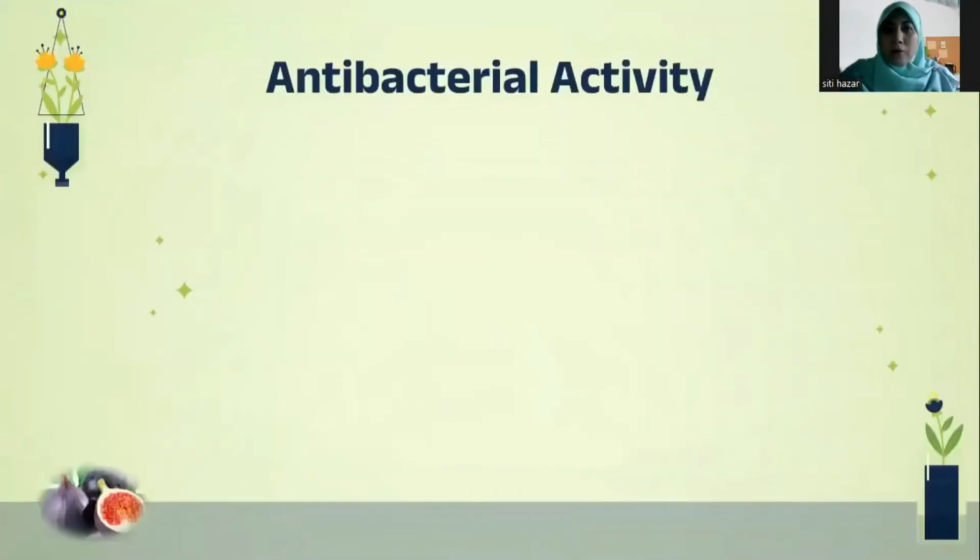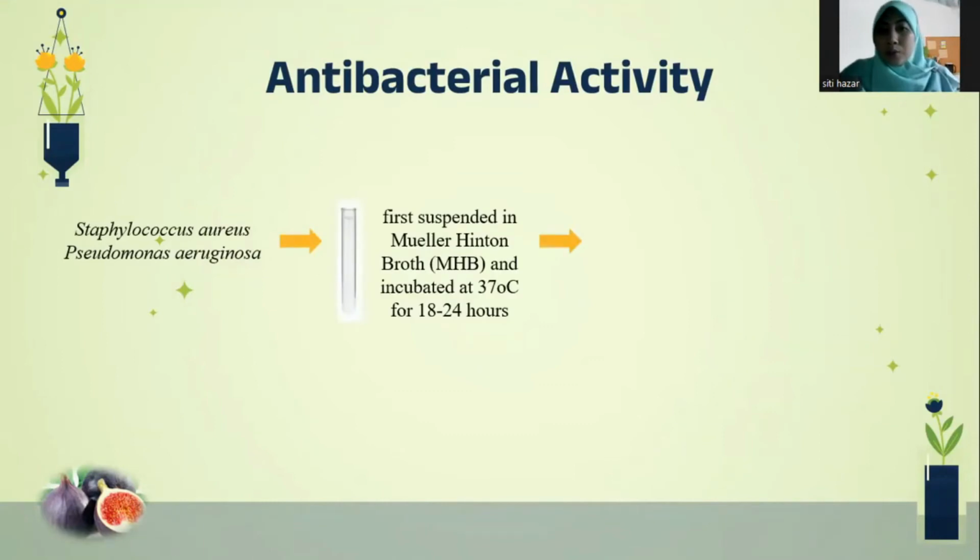The method of antibacterial activity that we use is the agar diffusion method using paper discs. First, Staphylococcus aureus and Pseudomonas aeruginosa, each suspended in Mueller Hinton broth in a tube, are incubated at 37 degrees Celsius for 18 to 24 hours.